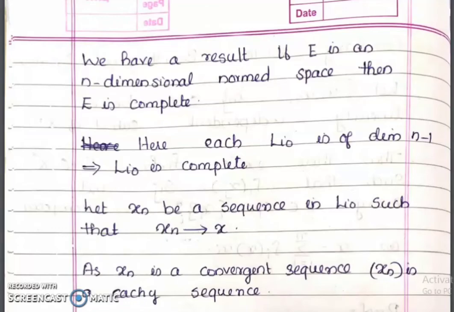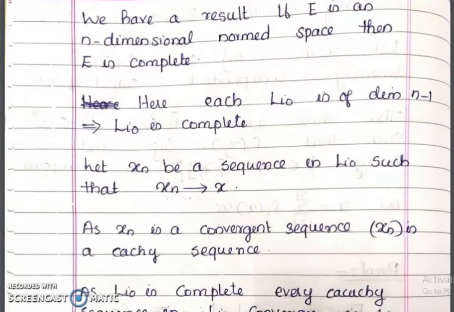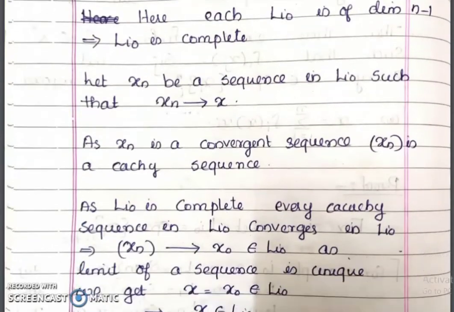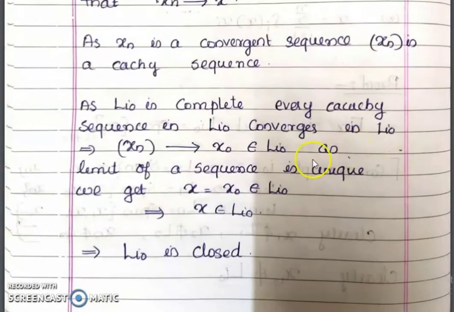Let Xn be a sequence in Li naught, and suppose Xn converges to x. Now Xn is a convergent sequence. Therefore, Xn is a Cauchy sequence, since every convergent sequence is Cauchy. As Li naught is complete, every Cauchy sequence in Li naught converges in Li naught.